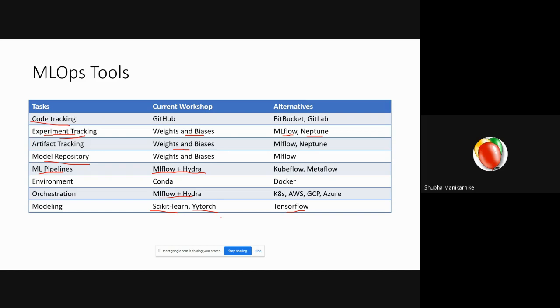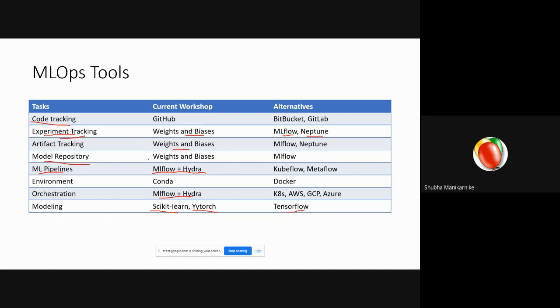So before we move on, I wanted to give a quick intro about what some of these tools are. Weights and biases is mainly a cloud-based repository which helps you store your artifacts, store your data, store your models, and also experiments, different hyperparameter tuned experiments.